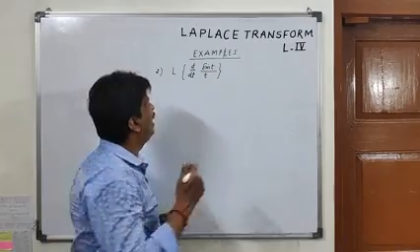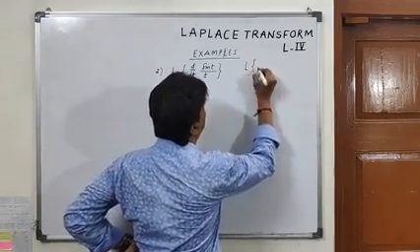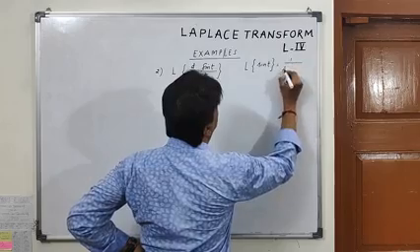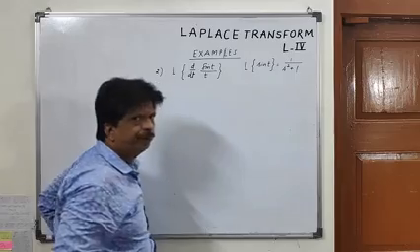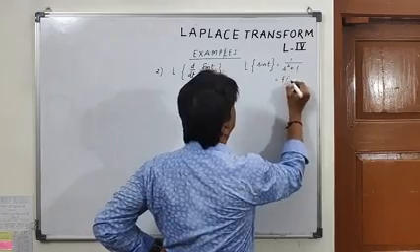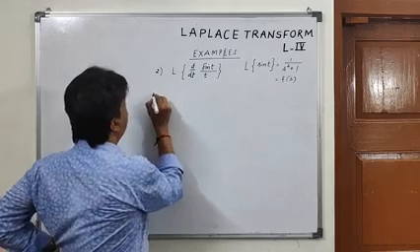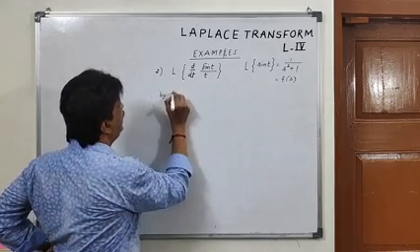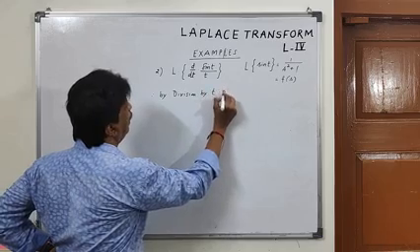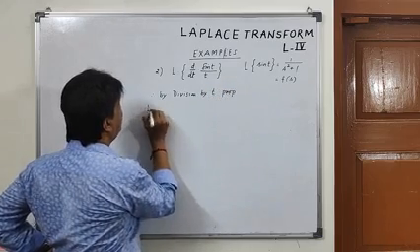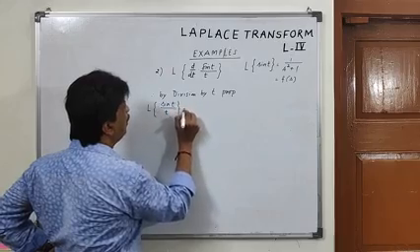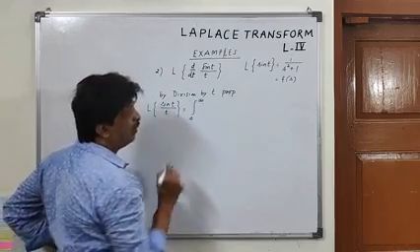Laplace transform of sine of t is 1 upon s square plus 1. This is F of s. Therefore, by the division by t property, the Laplace transform of sine of t by t is, as the property says, integral s to infinity F of s ds.